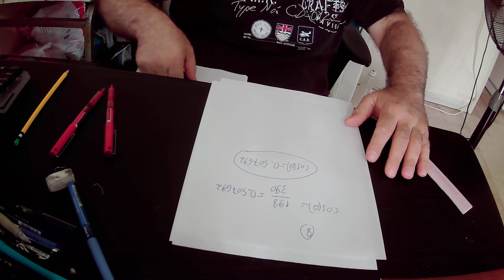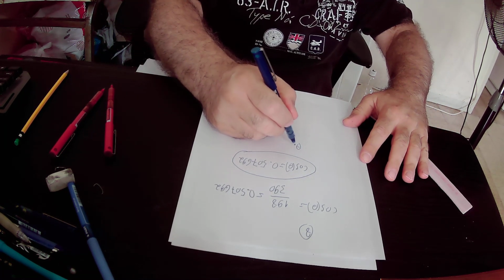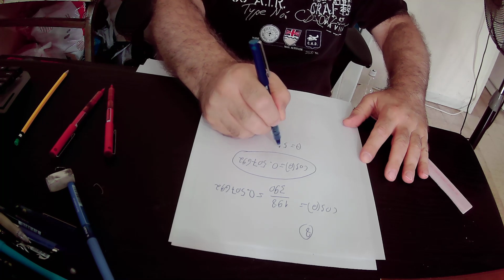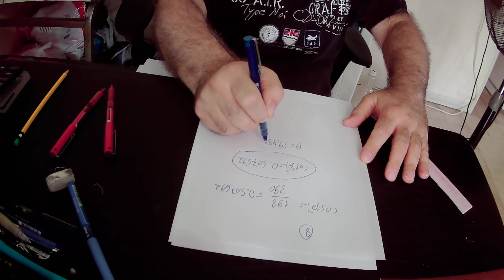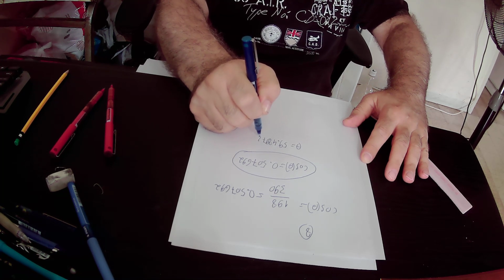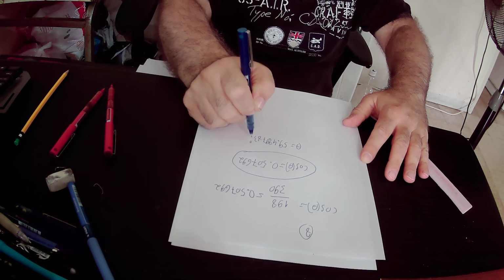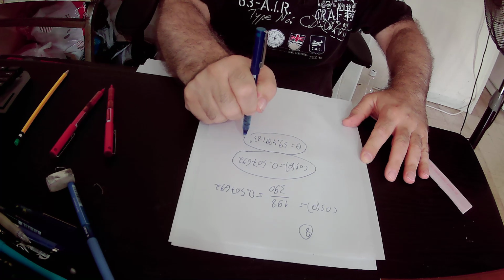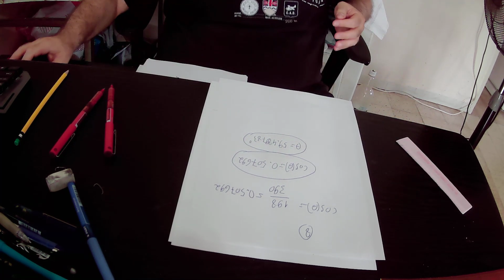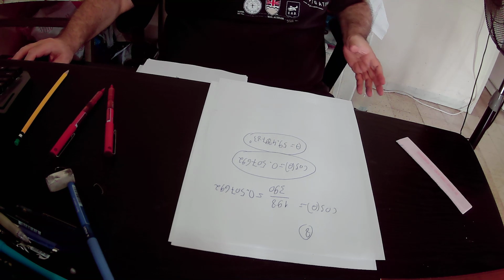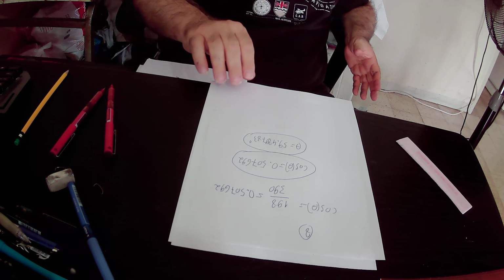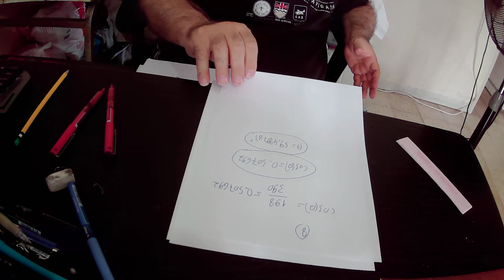Okay, so theta equals 59.489,783 degrees. We found out the value of theta. It is about 60 degrees.